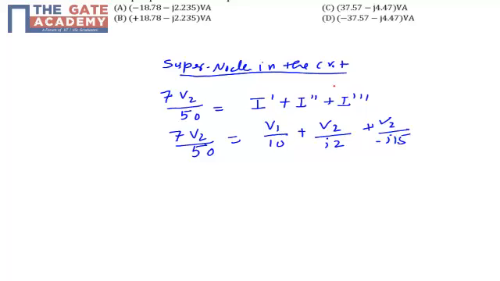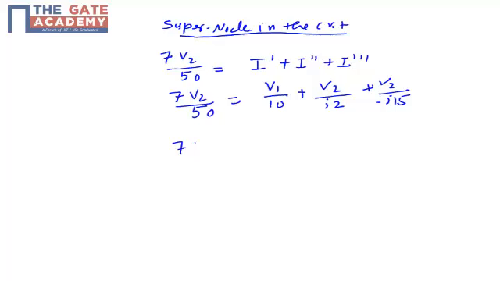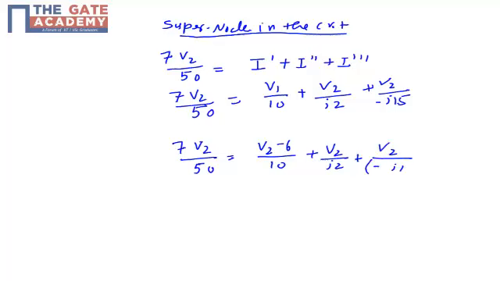Now we already know that V2 minus V1 is 6, so I can replace V1 as V2 minus 6. Putting the value of V1, it will be 7V2 by 50 equals V2 minus 6 by 10 plus V2 by j2 plus V2 by minus j15.